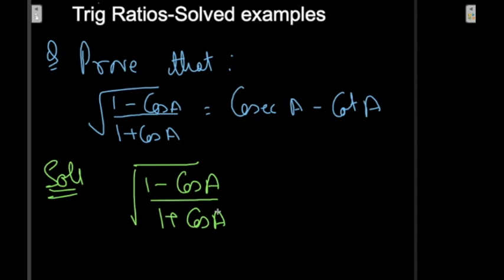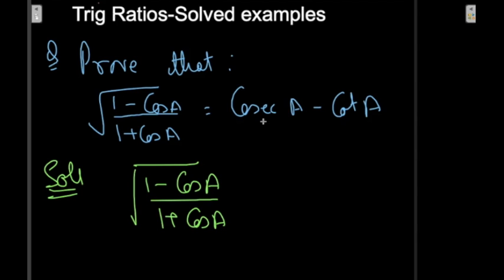Whenever we have an expression in rational form, p by q, if we multiply or divide the numerator and denominator by the same expression, the expression remains unchanged.